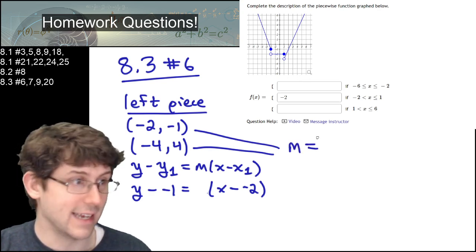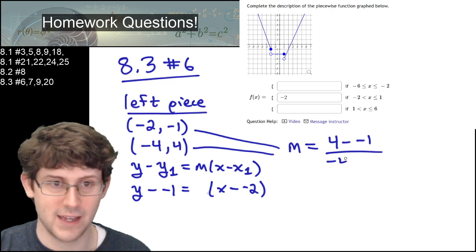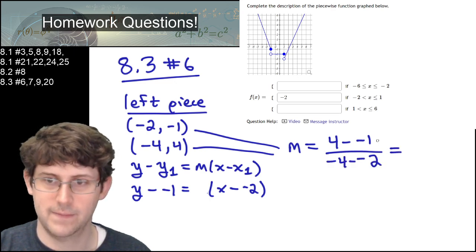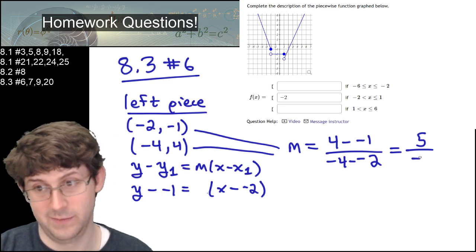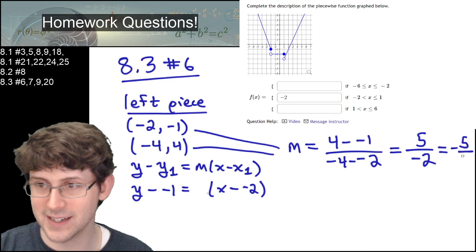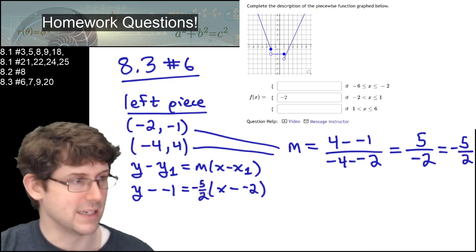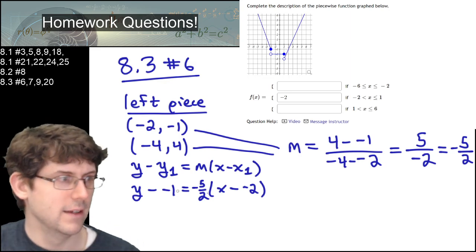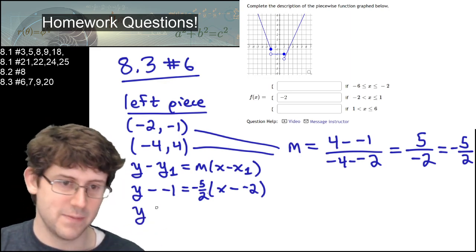With 2 points, I can find the slope. It's the difference of the y's over the difference of the x's. For my slope, I got 5 over -2, which I can write a little nicer as -5/2. That's my slope. To finish writing it in the form y equals something, I need to fix this up a little.